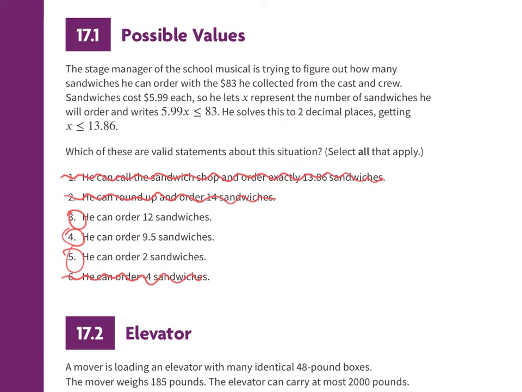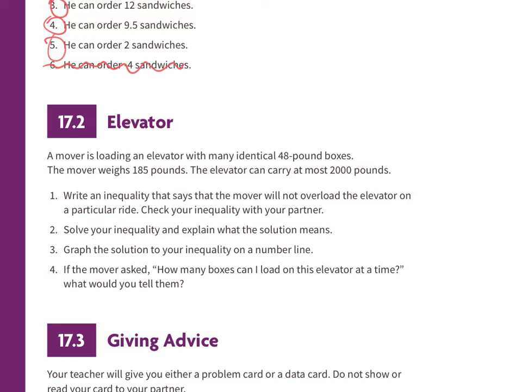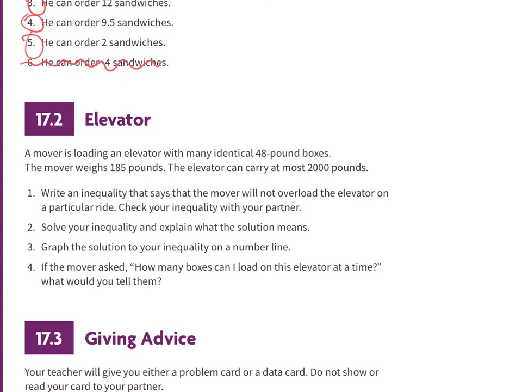17.2, elevator. The mover is loading an elevator with many identical 48-pound boxes. The mover weighs 185 pounds. The elevator can carry at most 2,000 pounds. Write an inequality that says the mover will not overload the elevator on the particular ride. Check your inequality with your partner. So we know he's moving 48-pound boxes, but we don't know how many.